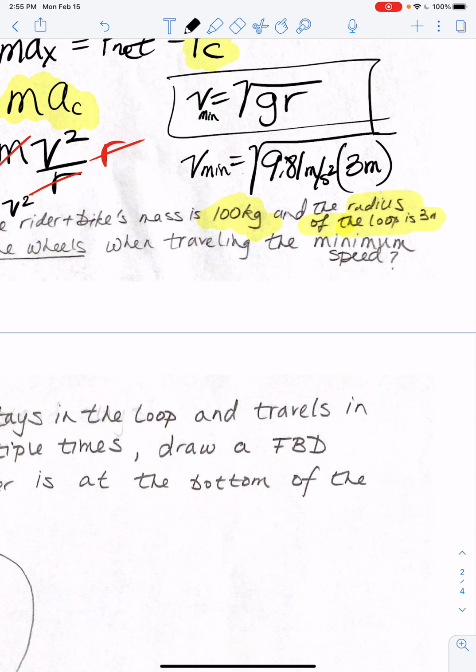We said it was independent of mass. If we multiply 3 times 9.81, I think it's like 29.14 or something. But I'm going to type it in my calculator anyways, just to double check. 29.43. All right, so let's go ahead and square root that. Get about 5.42.